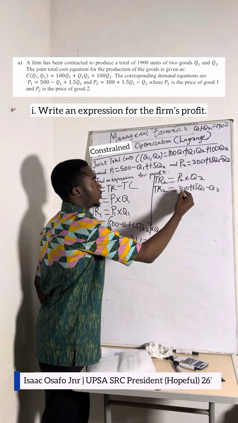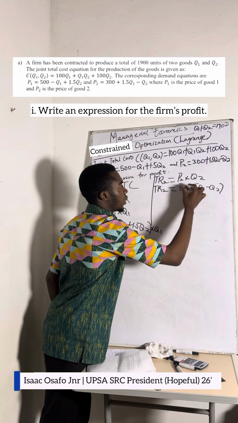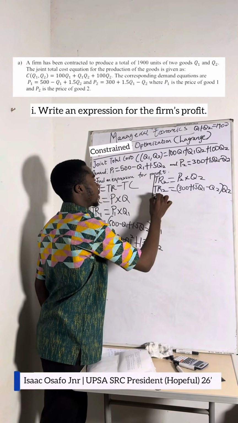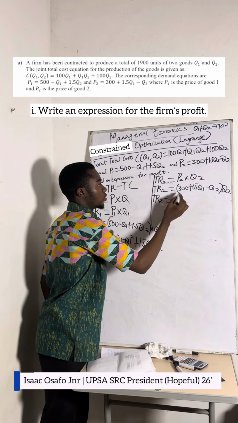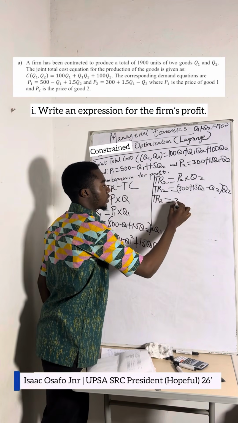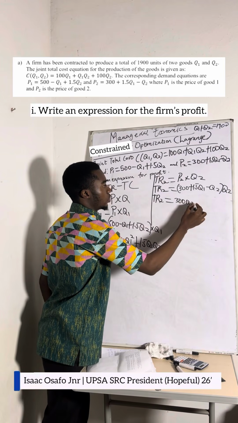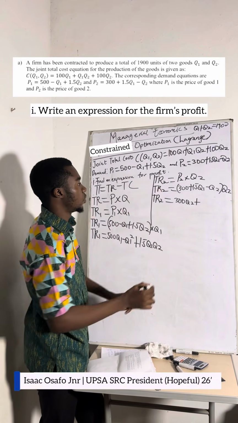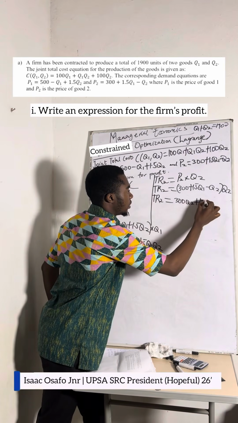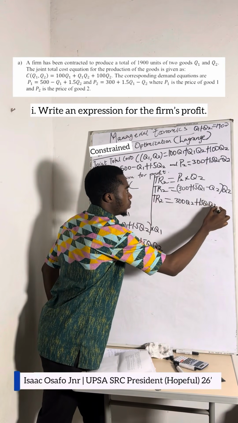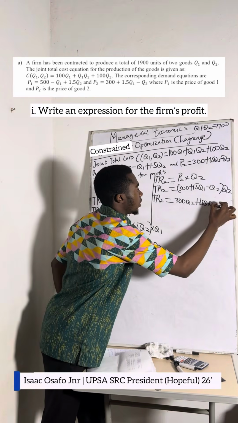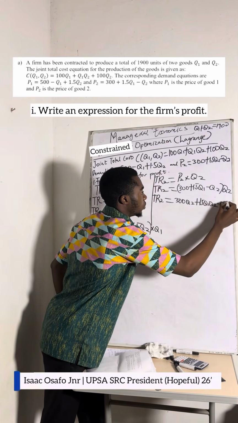So you can put this in brackets, then times Q2. So our TR2 will be equal to 300 Q2, plus 15 Q1 Q2, then minus Q2 squared.